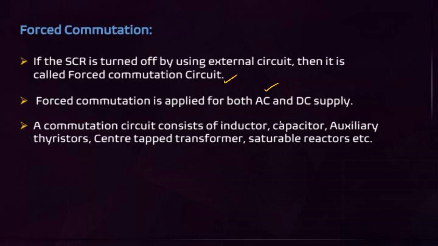Generally, which are the commutating elements? Inductor and capacitor are the commutating elements. But in some commutation circuits, only a capacitor is used. In some commutation circuits, it consists of a center tap transformer also. In some commutation circuits, we are using saturable reactors also.